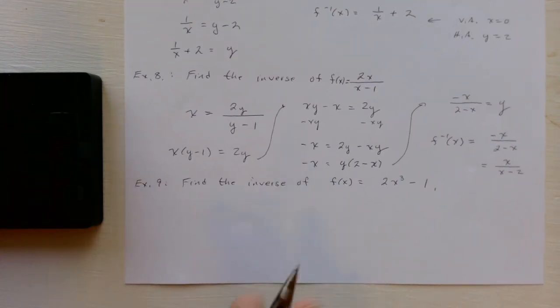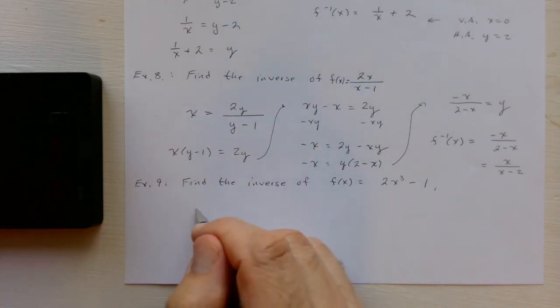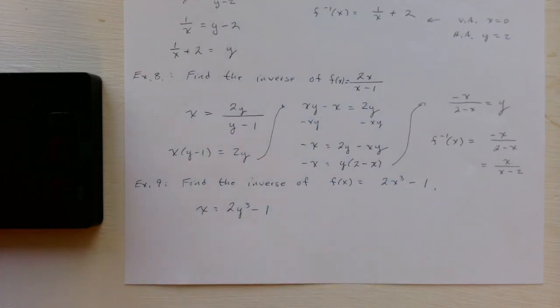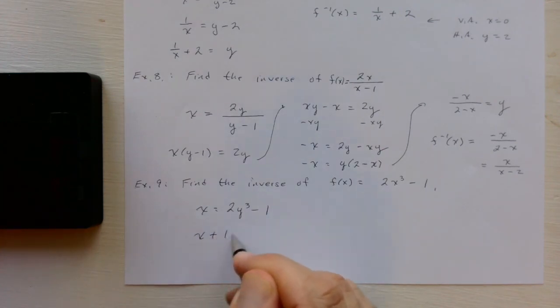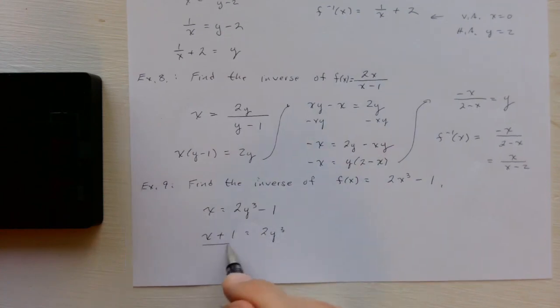Let's say number 9. We want to find the inverse of 2x cubed minus 1. So we write x equals 2y cubed minus 1, and solve for y. Add 1 to both sides, and divide by 2.